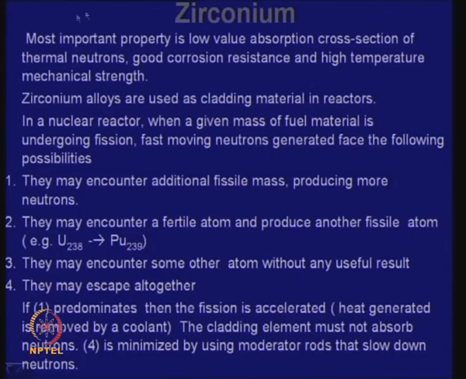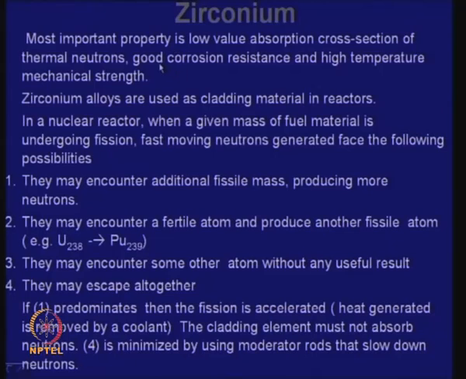Now, when we have this fissile material, it has to be contained somewhere. Zirconium is an ideal container material. The fissionable material is contained in zirconium alloy tubes. Firstly, because of its low absorption cross section of thermal neutrons, it allows the neutrons to pass through; it does not absorb them. Secondly, it also has good corrosion resistance and high temperature mechanical strength.